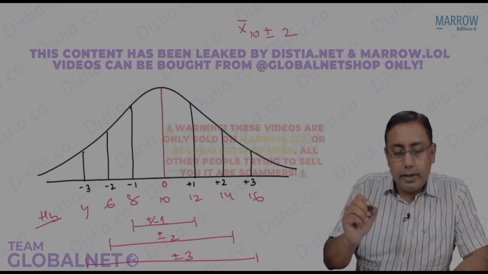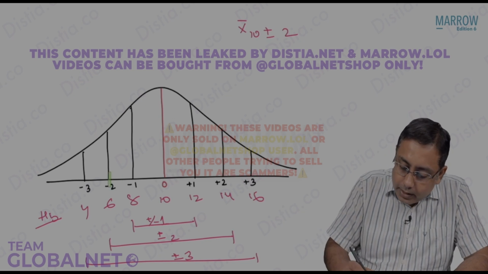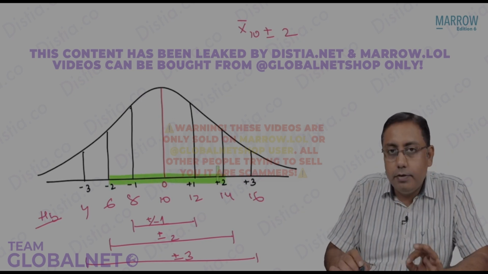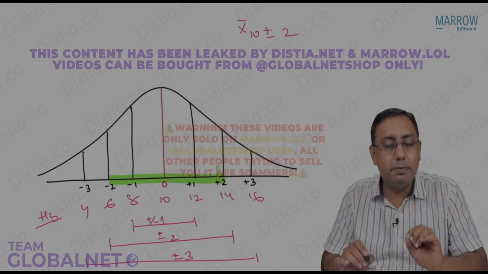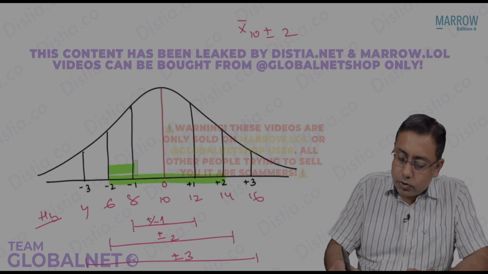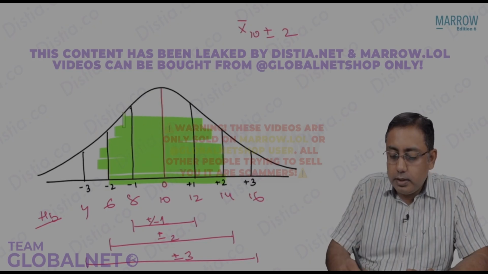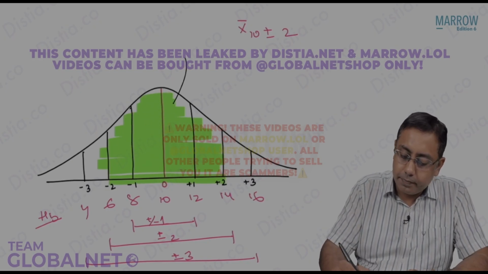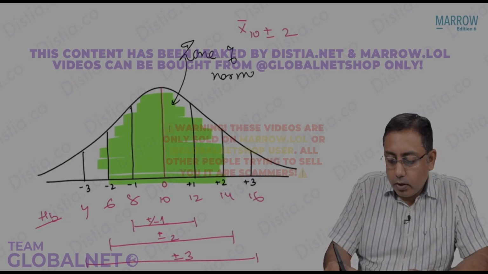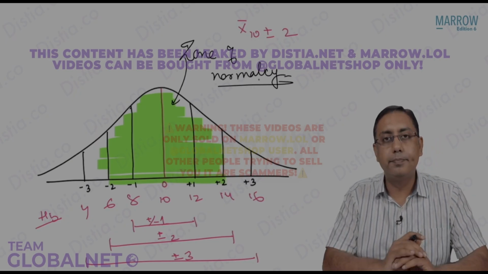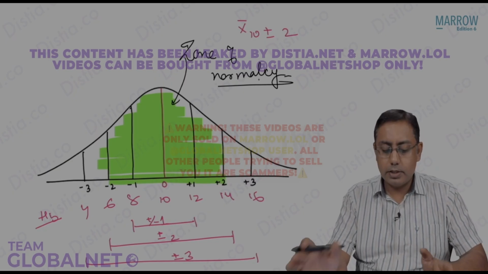Assume that this happens. It is seen that whatever is done by 95% of the population, mark the words, whatever is done by 95% of the population, that is always taken as the zone of normalcy, or it is a normal zone. What do I mean by this?